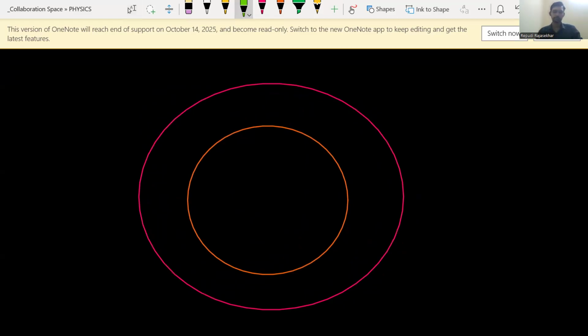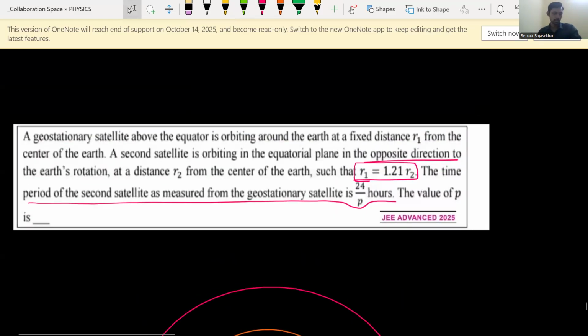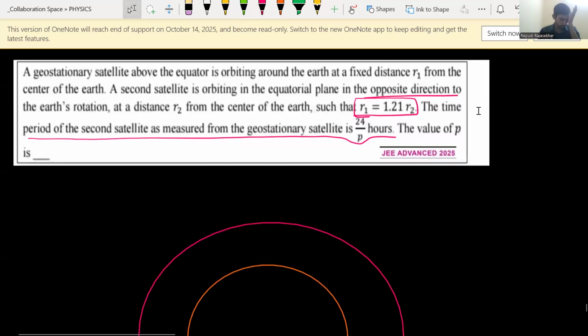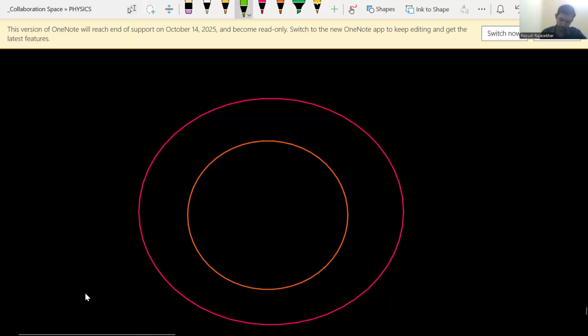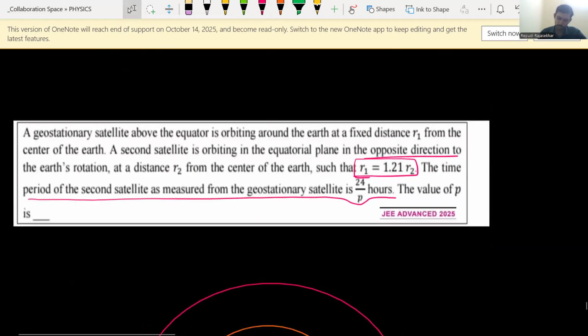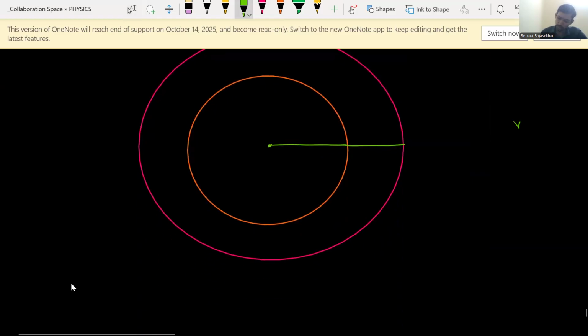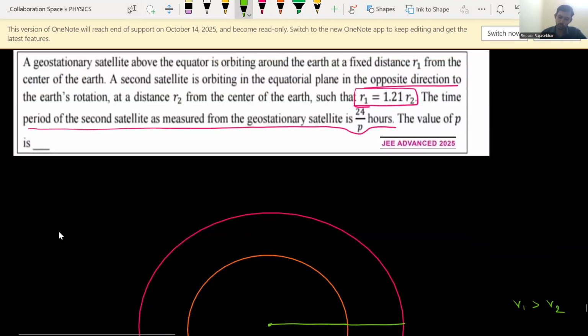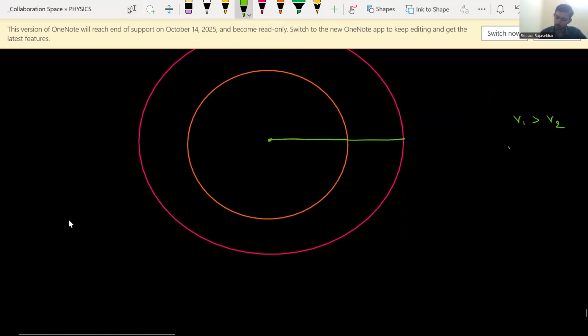They are revolving around the Earth only. This is the center. From here to here I am taking the radius as r1. r1 is greater than r2, they said in the question, because r1 equals 1.21 times r2. Fine, this is the given data.